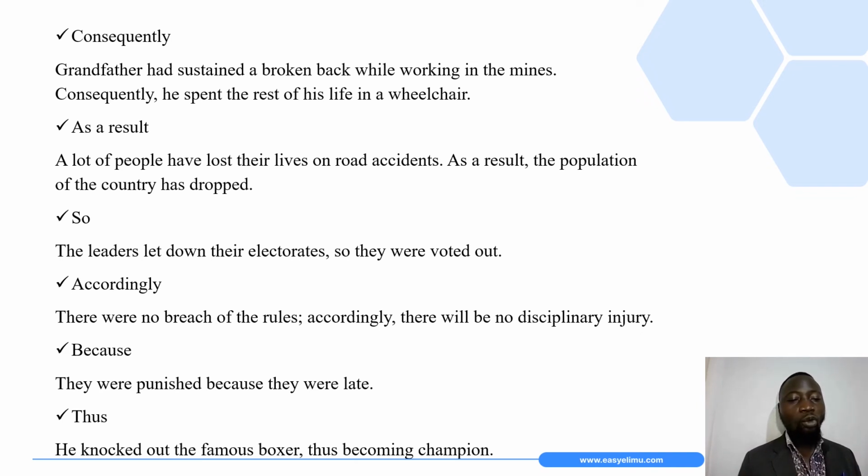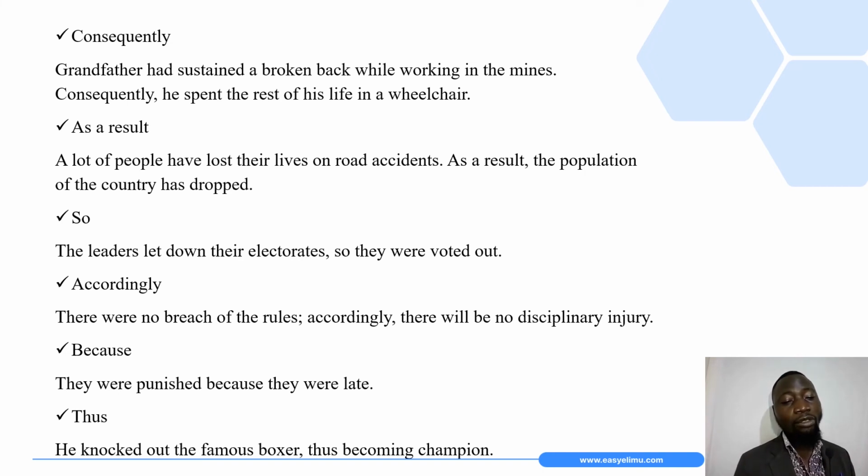Another word is accordingly. In the sentence we have: there was no breach of the rules. Accordingly, there will be no disciplinary action. Again, accordingly has been used to specify consequence, cause, and effect.